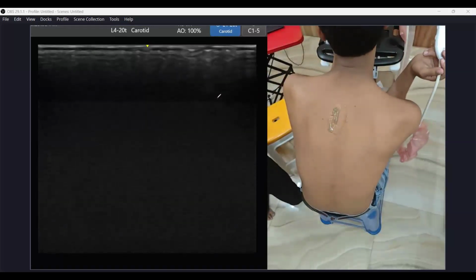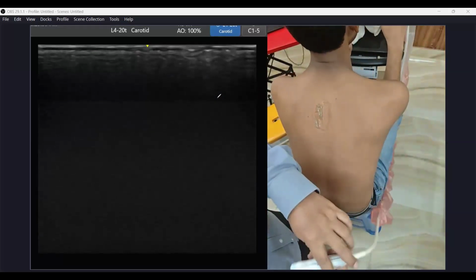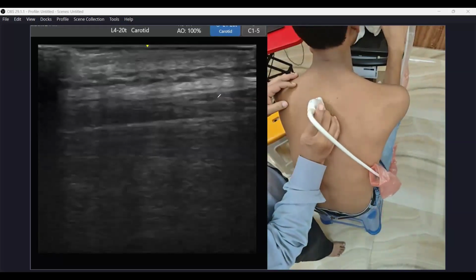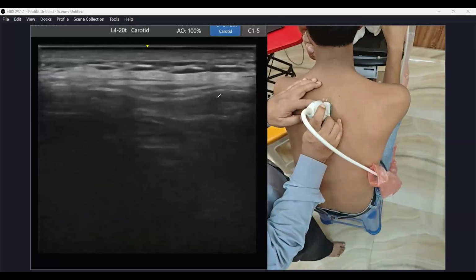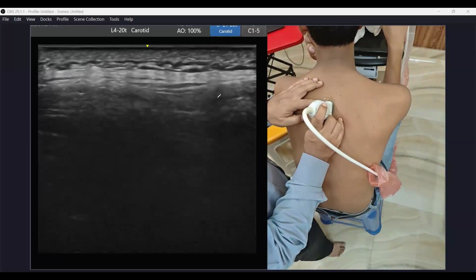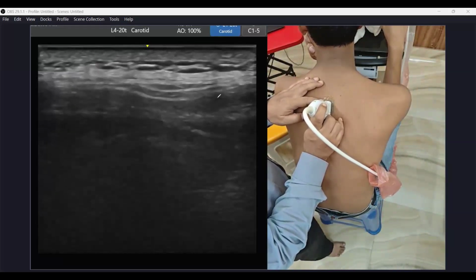Now we will go with the second structure, that is over the lamina. But remember, this part is very deep. So now we are on the spinous process. This is the midline structure. Now I am going over the lamina.